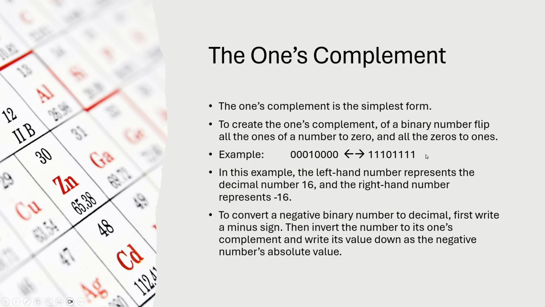So in this case, where you have the number 1110 1111, you invert it to 0001 0000, write down the negative, and then take the decimal number that this represents. The decimal number, of course, would be 16. So minus 16 is the value for this number over here on the right.